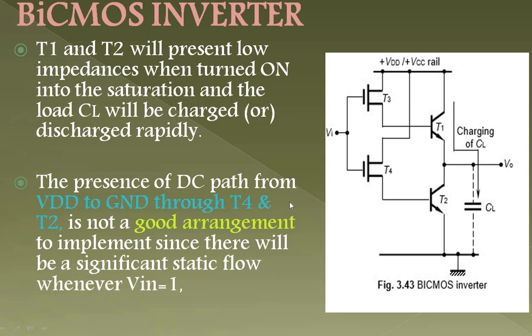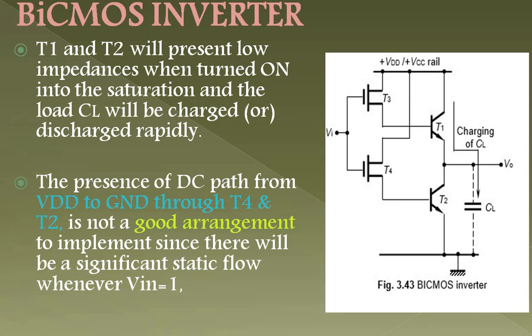This is the first drawback, because there will be significant static flow when Vin equals 1. I'll repeat it once again. The presence of a DC path, your direct current path from T4 to T2, is not a good arrangement. You are directly getting the voltage from here, because there will be a significant static flow when Vin equals 1.